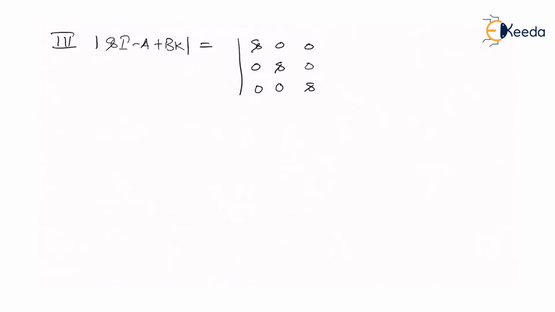So step number 3, determinant of sI minus A plus BK is equal to. Now what is sI? It is [s 0 0; 0 s 0; 0 0 s]. sI minus A. What is the A matrix now? The A matrix becomes [0 1 0; 0 0 1; -1 -5 -6], as given in the problem.